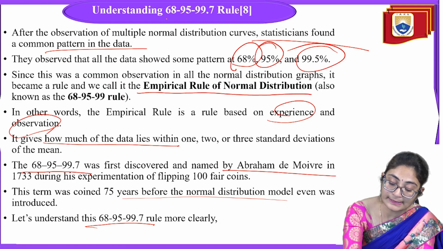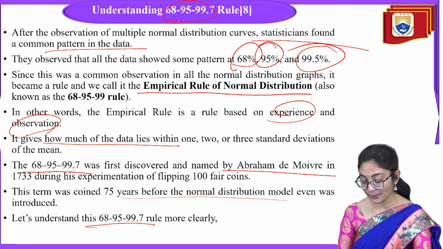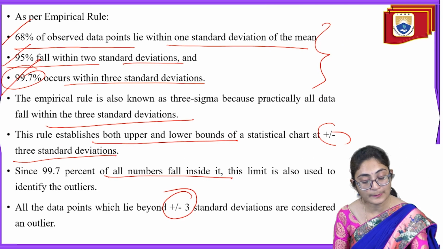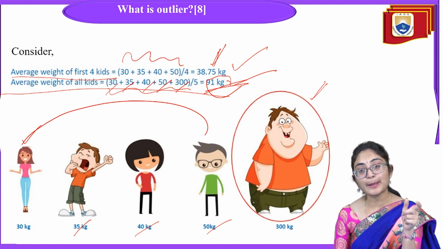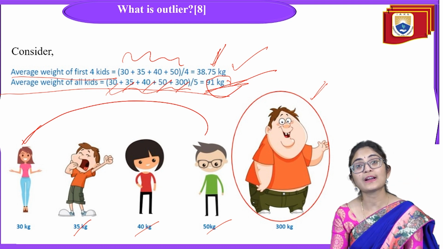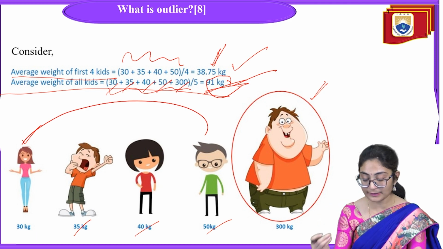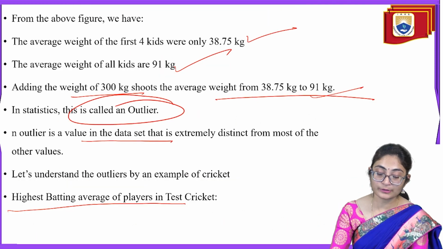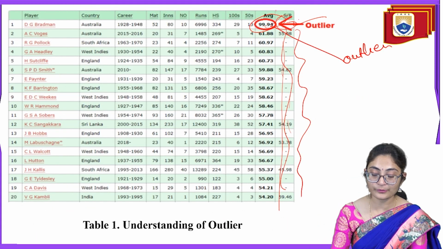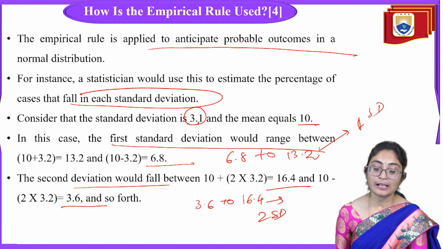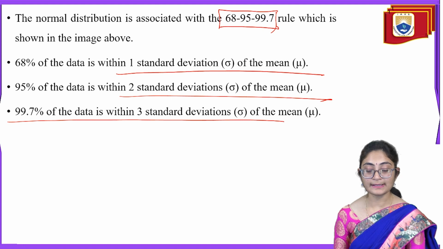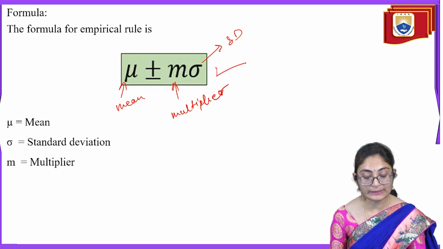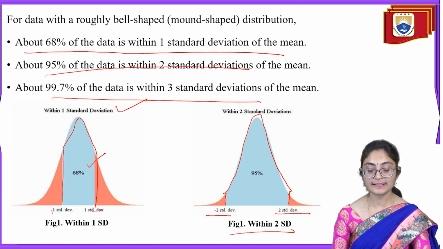Again, we have seen this 68, 95 and 99.7 rule. Then in the empirical rule, how to find out and recognize the outlier. Then how to use the empirical rule. All these things we have seen in today's session.